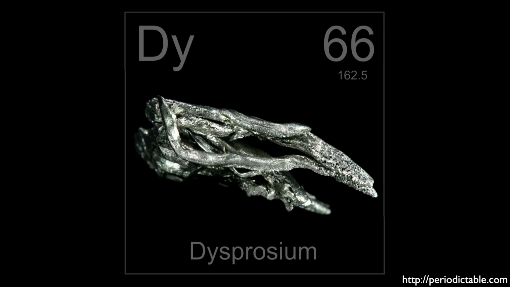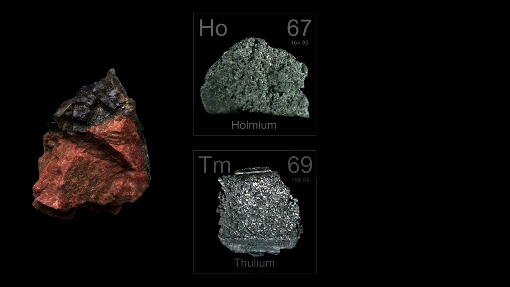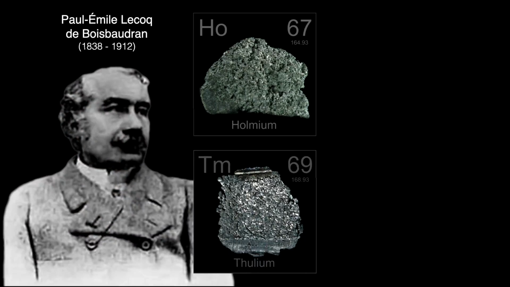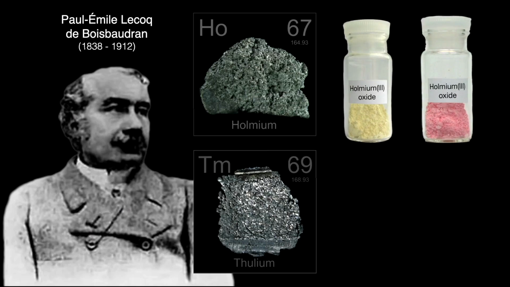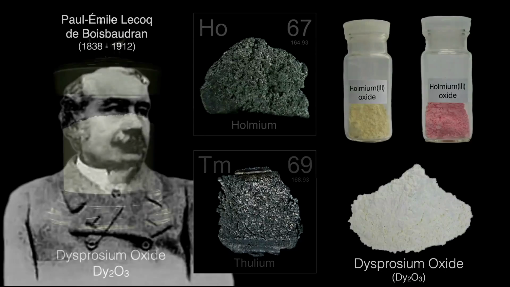In 1878, erbium ores were found to contain the oxides of holmium and thulium, elements we'll get to in a bit. French chemist Paul-Émile Lecoq, while working with impure holmium oxide, separated dysprosium oxide from it in Paris in 1886.